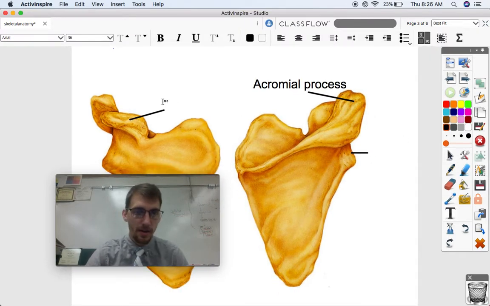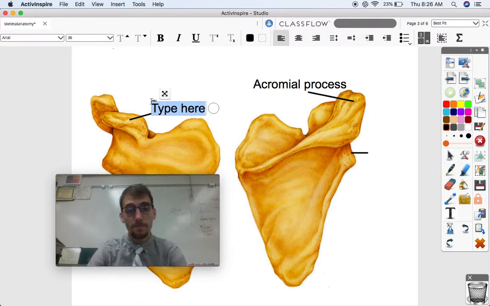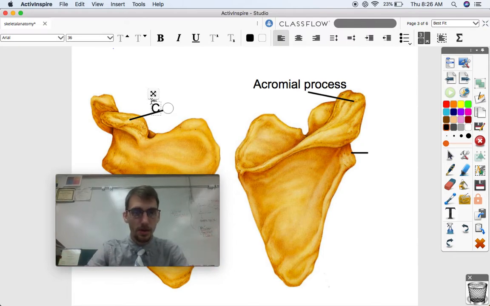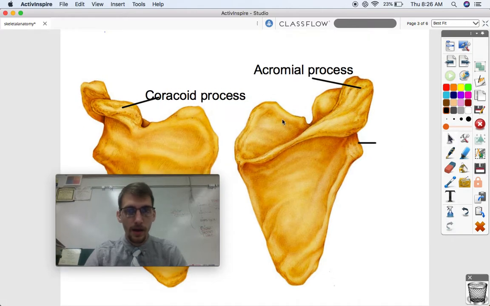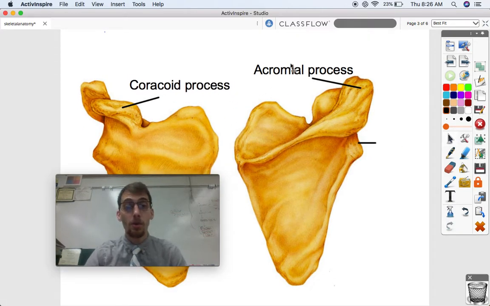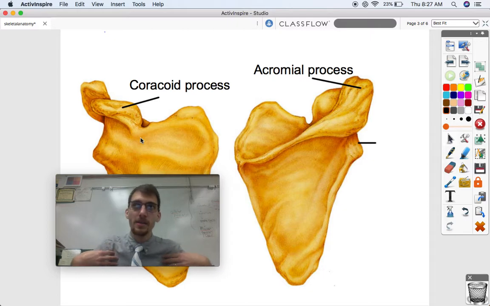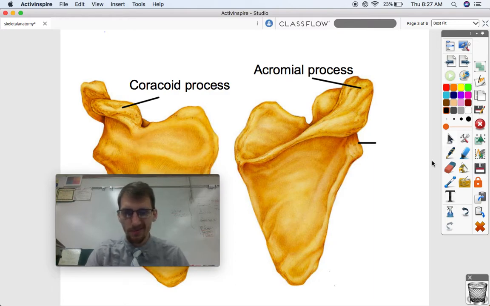Over here, it articulates with some muscles. This is called the coracoid process. Actually, this is the anterior, so the coracoid is going to be articulating with some pectoral muscles. I'm not sure which pectoral muscles, but I'm going to tell you sometime.